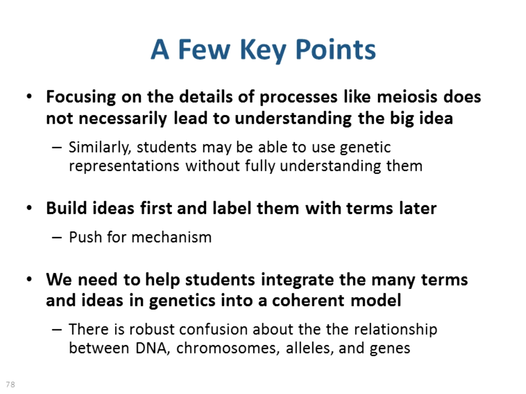Similarly, we can have students using Punnett squares and those kinds of representations, not really understanding what they're doing. And I think a key point here is that you really want to build kids' ideas first and then label them second. So we want to push for mechanism here and then label it.